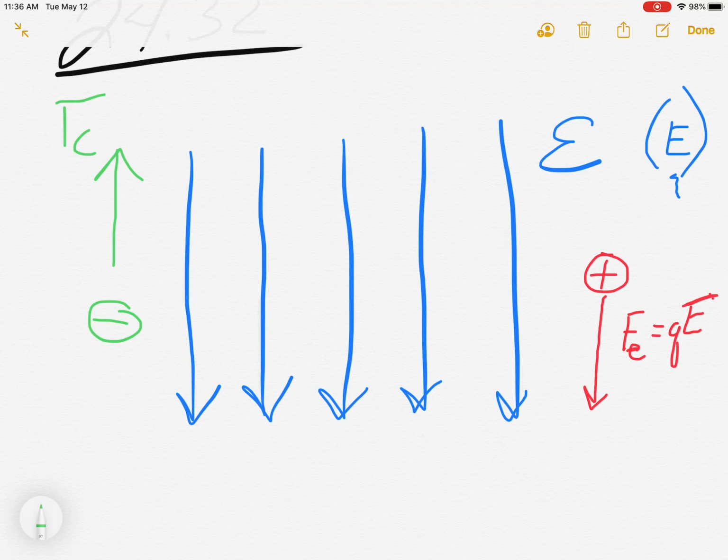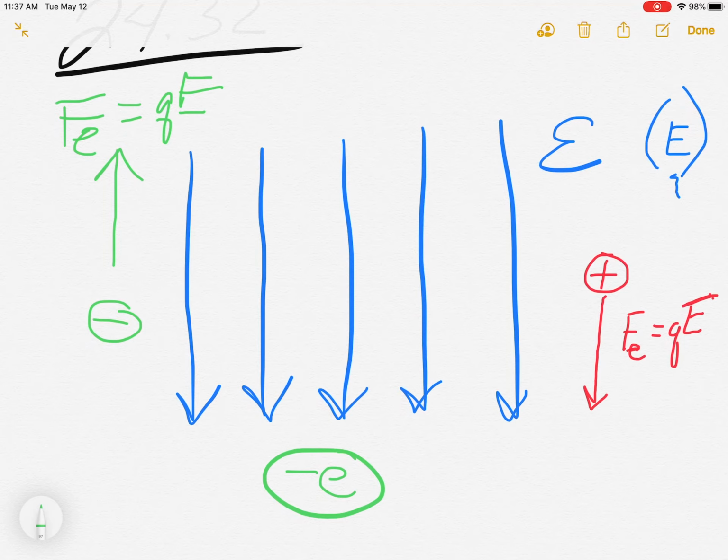Now, if you're a positive charge, you follow the field. But if you're a negative charge, the opposite happens. If a negative charge enters this field, negative charges do the same thing. They experience a force, an electric force, that is equal to QE, but the only difference is the direction is different.